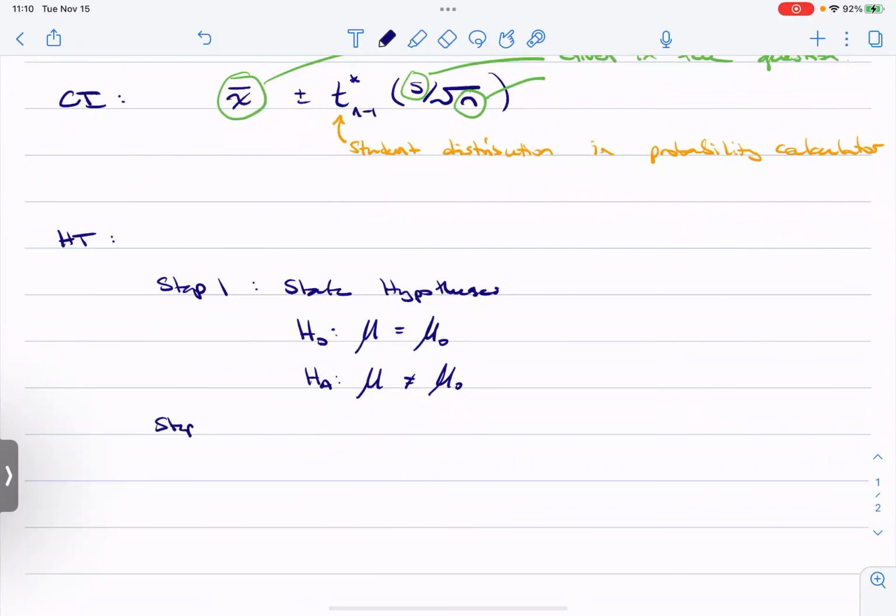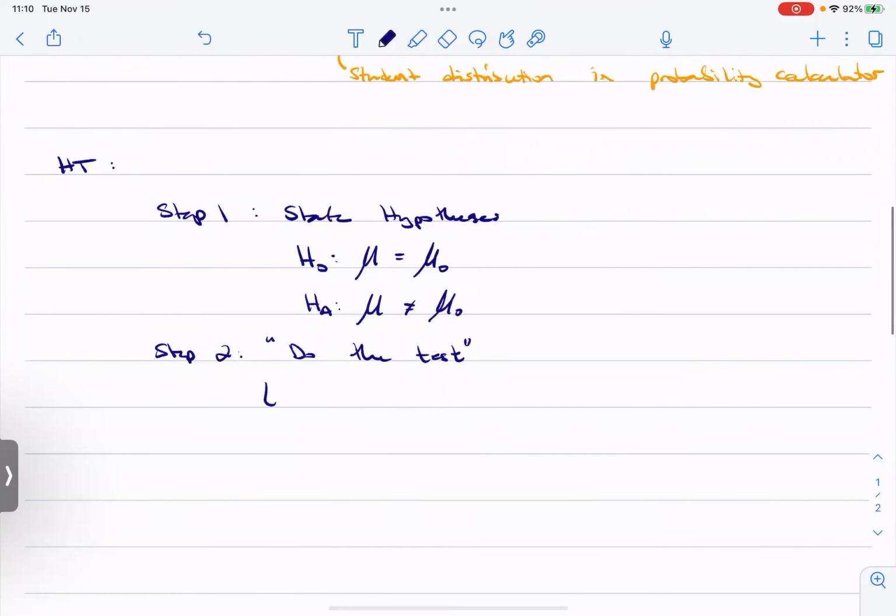For step 2, do the test, which is calculate the test statistic. A test statistic is a generic term for a z, a t, the chi-squared, later on the F. It's an umbrella term that sees how far the sample is from the hypothesized thing generically.